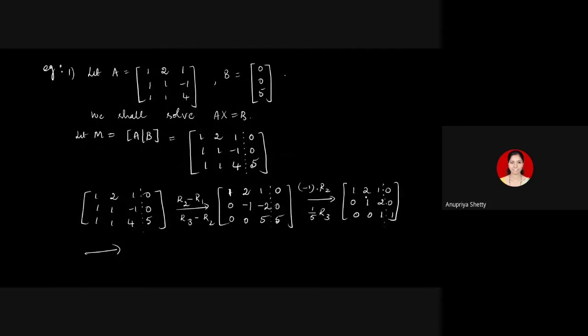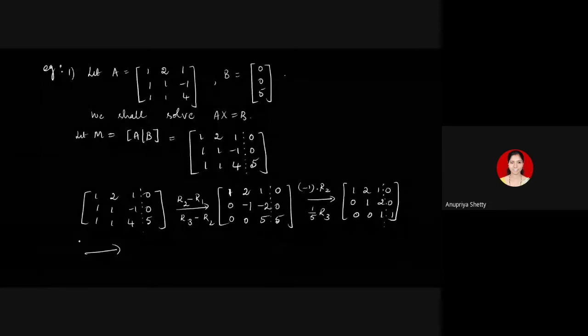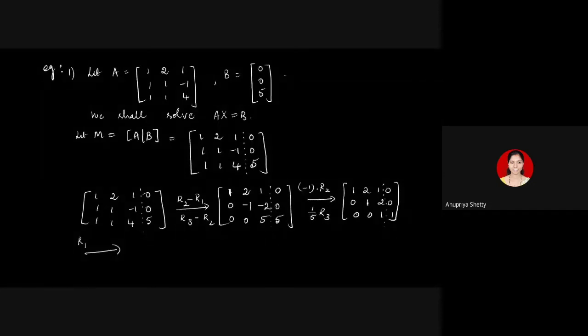So now I have to make the entries above the pivot 0. In the second row, there is 1, and above that there is 2, so I have to make that entry 2 into 0. So you have to go for R1 minus 2R2, and also here there is 2, so R2 minus 2R3.